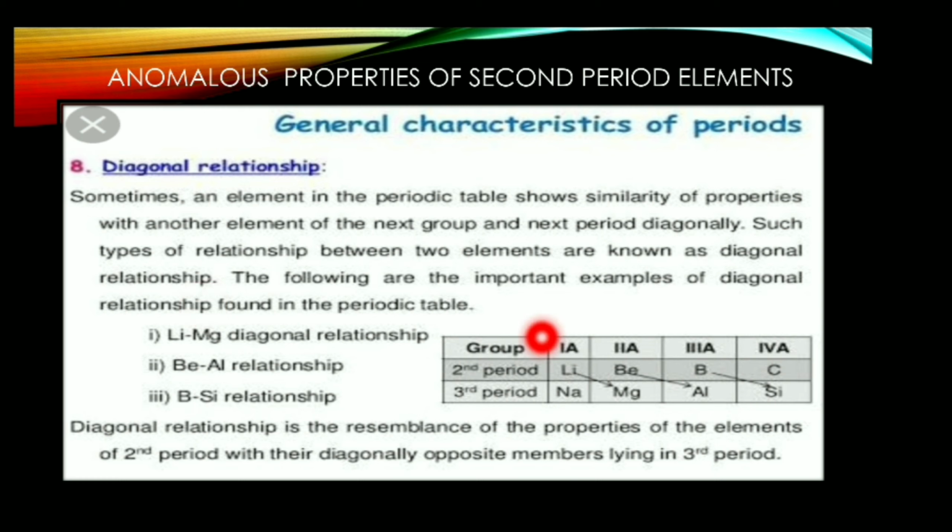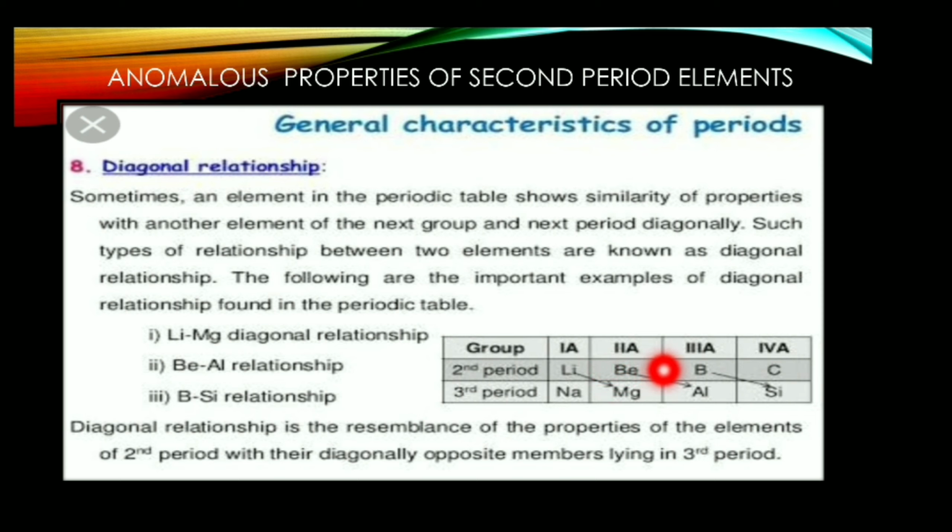See here, this second period element shows properties similar to the third period element diagonally next to it. Lithium shows properties similar to magnesium. Magnesium shows properties similar to lithium.